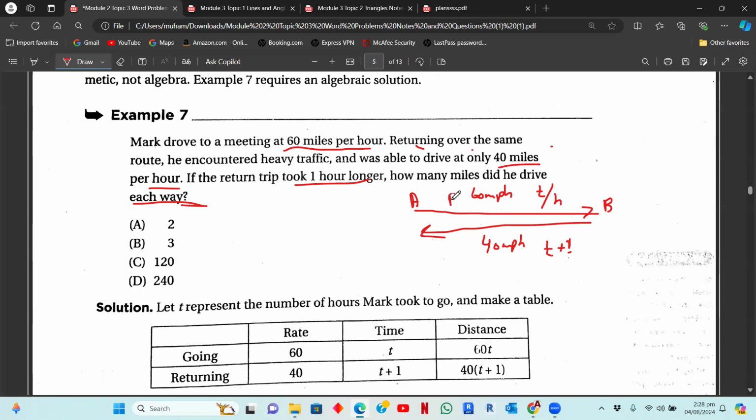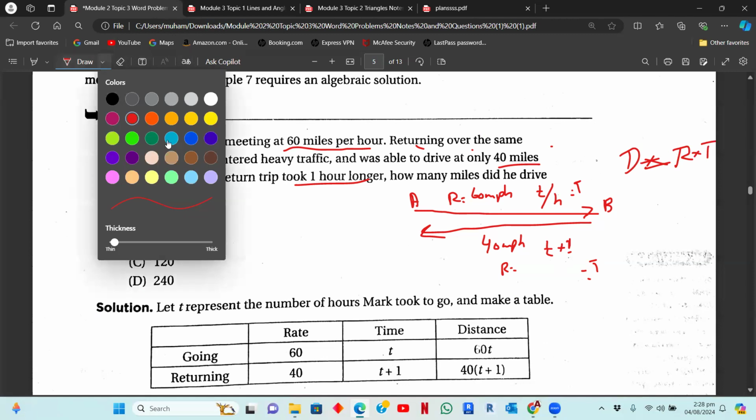So now we know the rate and we know the time, for both the going and coming back. They're asking how many miles he drove each way, so they're asking us to find the distance. Distance is rate into time, using this formula, distance equals rate into time.